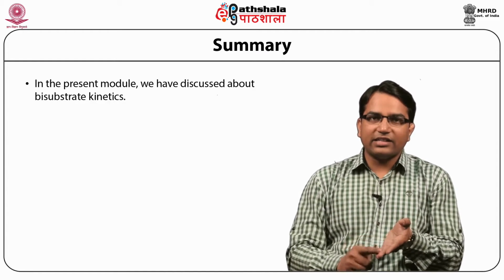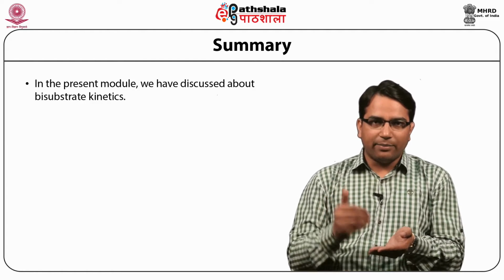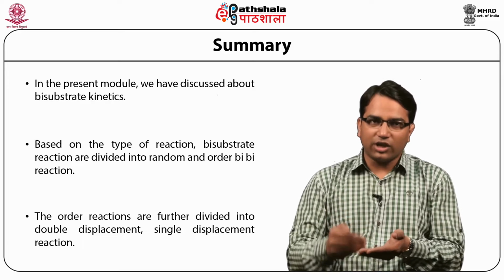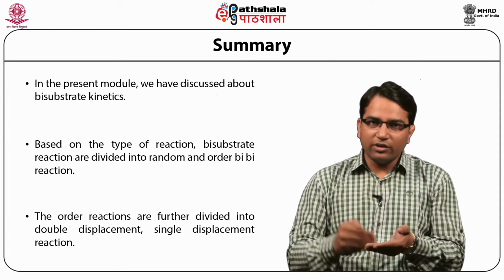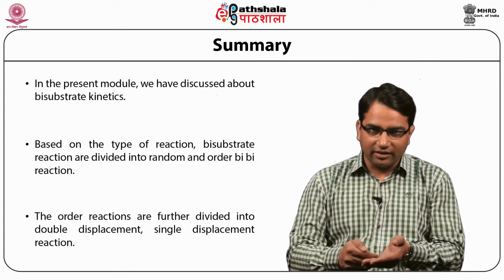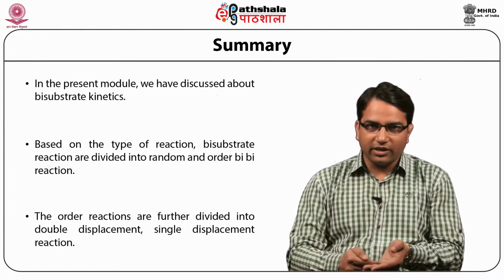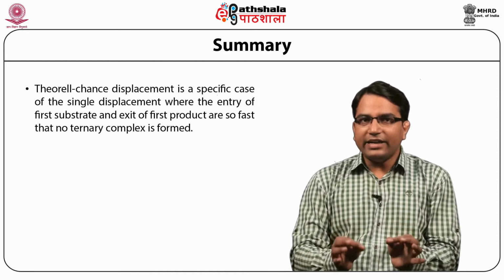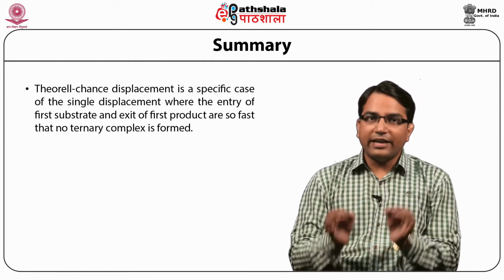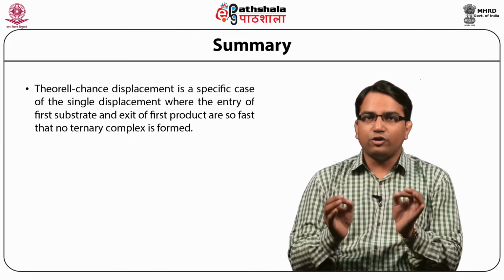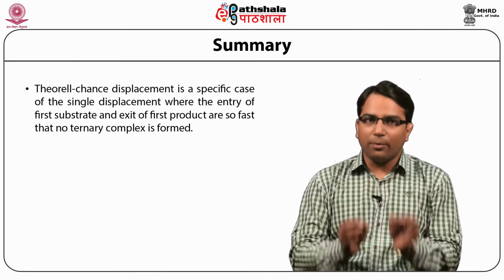Ordered reaction is further divided into double displacement, single displacement, and Theorell-Chance displacement. Theorell-Chance displacement is a specific case of single displacement where entry of the first substrate and exit of the first product is so fast that we do not have any ternary complex.